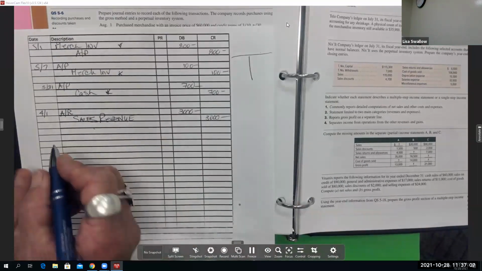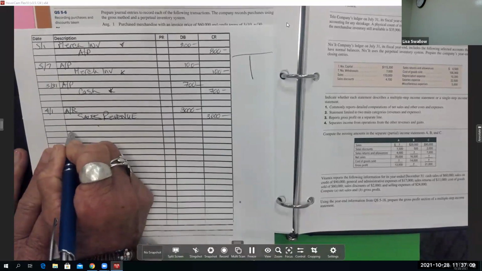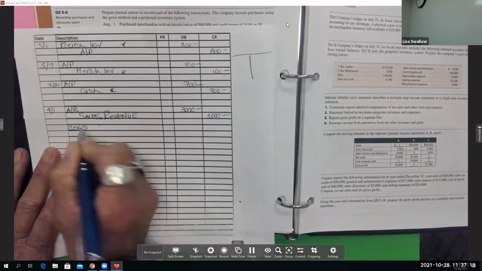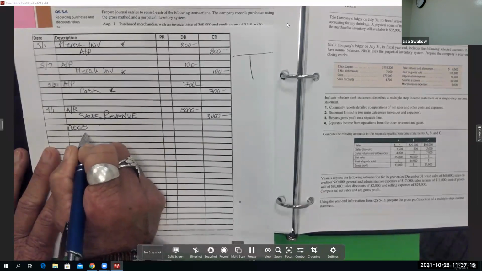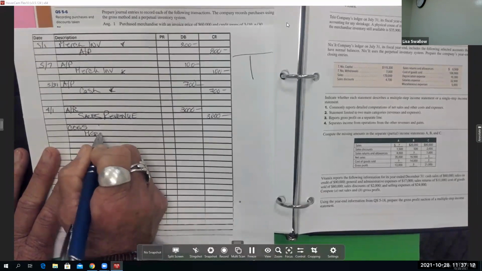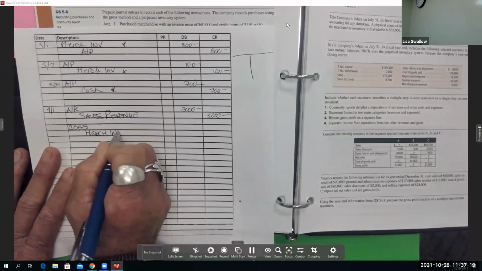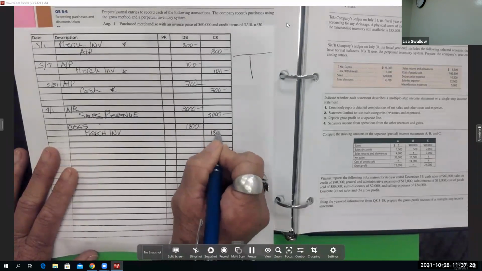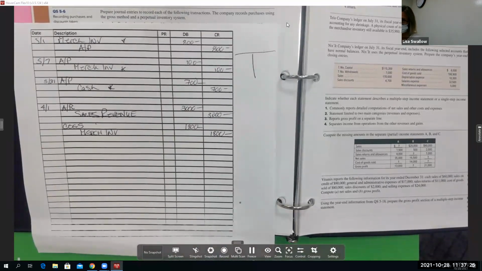What is that journal entry? Yep. And what's my credit? Yep. You guys, if nothing else, freaking memorize this. They look the exact same over and over and over and over. There is no creativity here. It looks just like this.